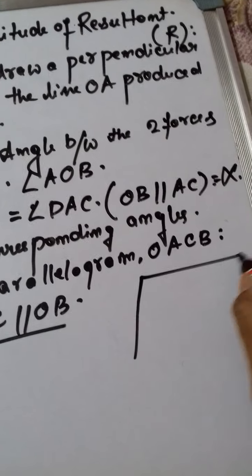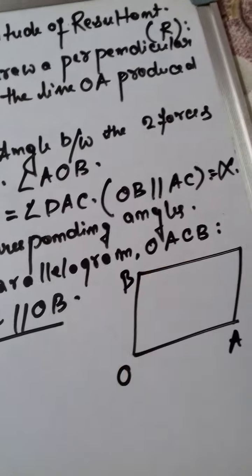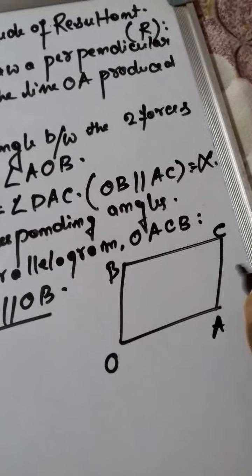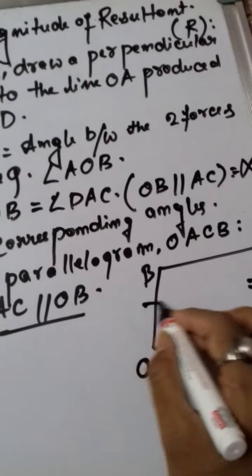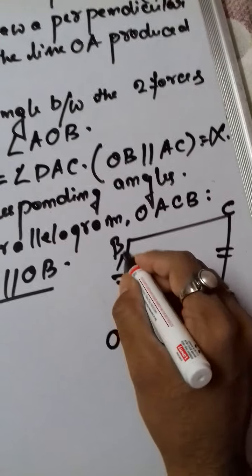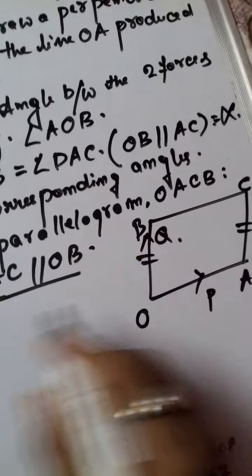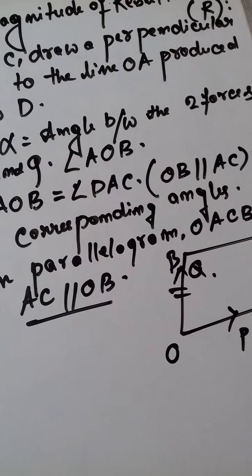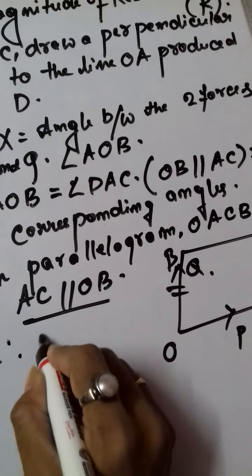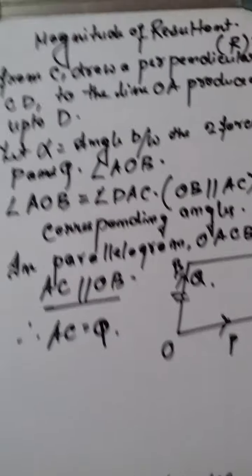If this was your parallelogram, AC is parallel to OB, right? So what we have given, this was P and this was Q. So if OB is parallel to AC, then AC is also equal to Q. AC is equal to Q. I hope it is clear.